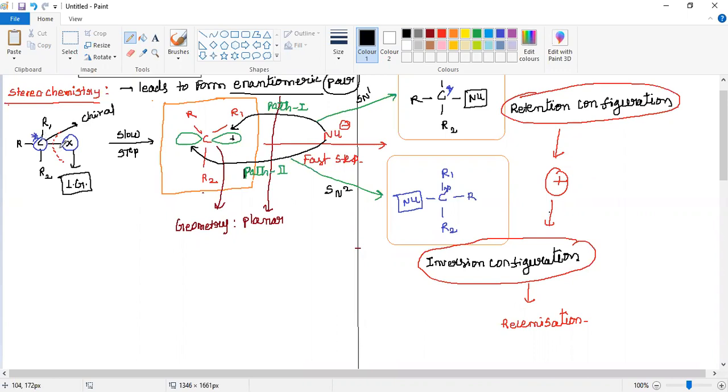So due to the presence of this chiral carbon, whether it is an optically active compound or optically active substrate, this one is nothing but, what we say, optically active substrate.